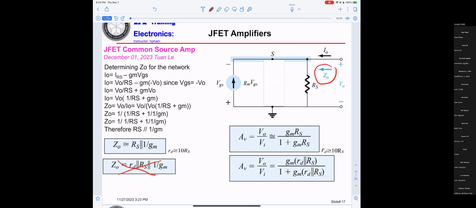And also the gain, not using that one. Okay? So this is output impedance. This is the gain. Again, anything with the small r d, forget it.